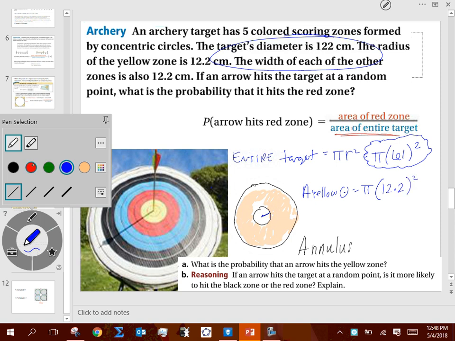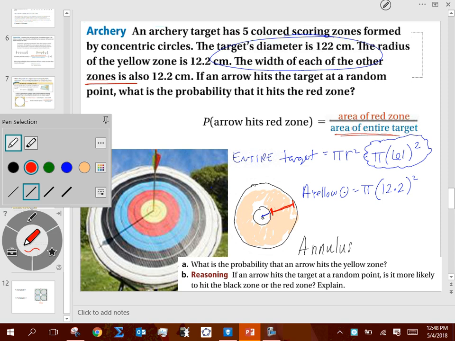Now here's where people make a mistake on this question. You just got to pay attention to it. It says the width of each zone is 12.2, meaning that is a zone. Does that make sense? And that width there is 12.2. At least that's the way I'm inferring it or interpreting it, okay?